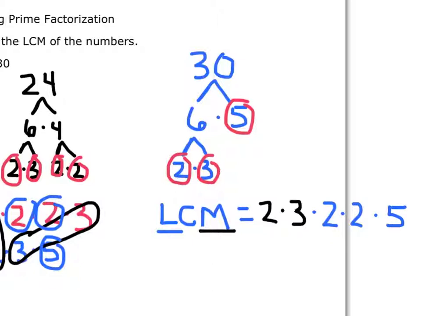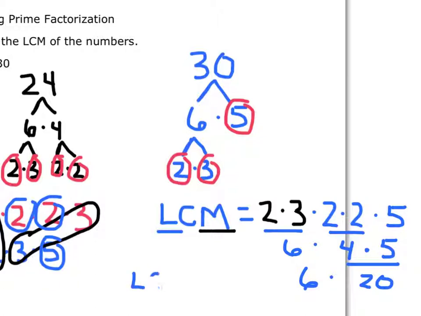And now, the least common multiple of these two numbers, I just need to multiply it out. Okay, so 2 times 3 is 6, times 2 times 2 is 4. And that 5 doesn't have anybody to work with, so I'm going to bring it down. 4 times 5 is 20, times 6. 20 times 6 is 120, so I'm going to say the least common multiple is 120.